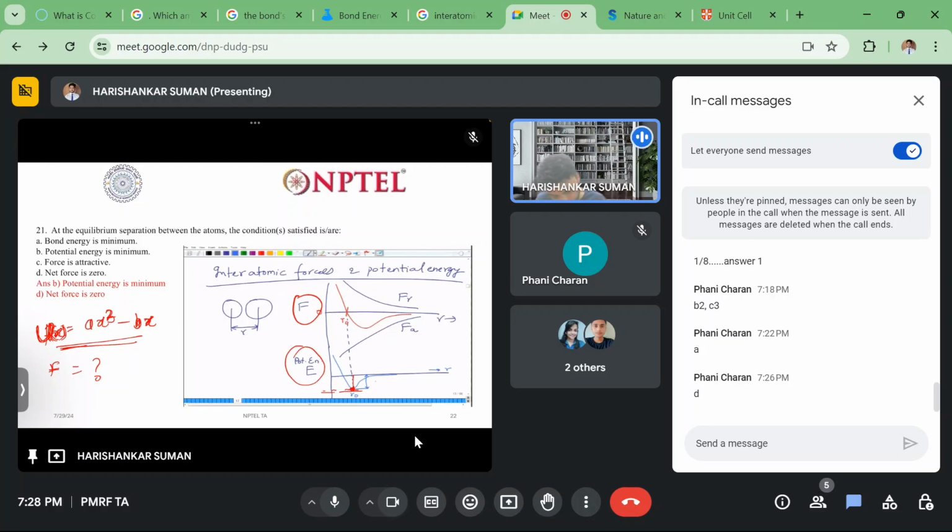Do you have an idea? Do you know the formula for how you can find the force from the potential energy if you know the function? dU by dx equal to 0 for what?